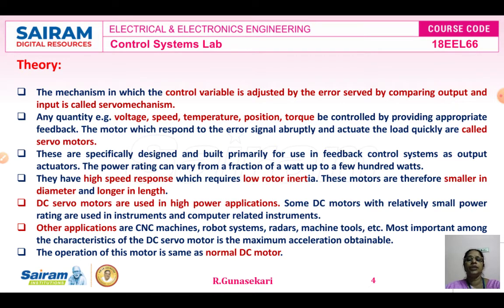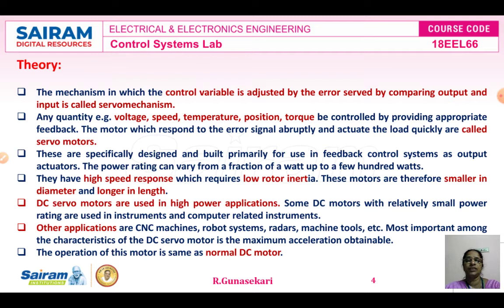The DC servo motors are used in high power applications. Some DC motors with relatively small power rating are used in instruments and computer related instruments. What are the other applications of the DC servo motors?